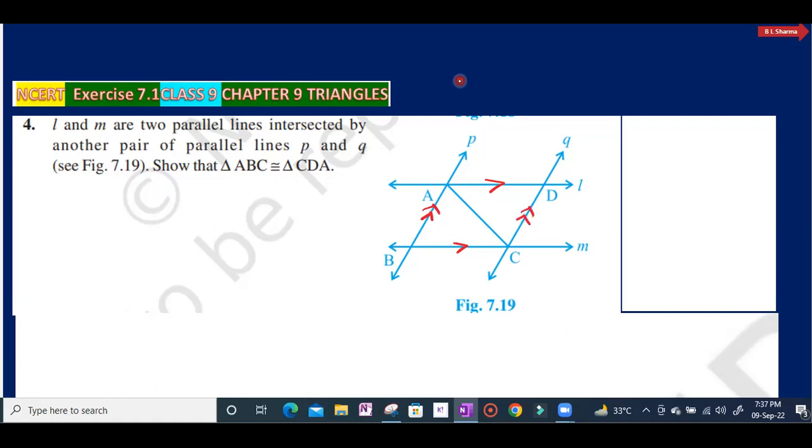It is given. Again, read the question. L and M are two parallel lines. And these two parallel lines are intersected by two other parallel lines, P and Q. Right? Yes. And now we have to prove what is given. I am writing first here.